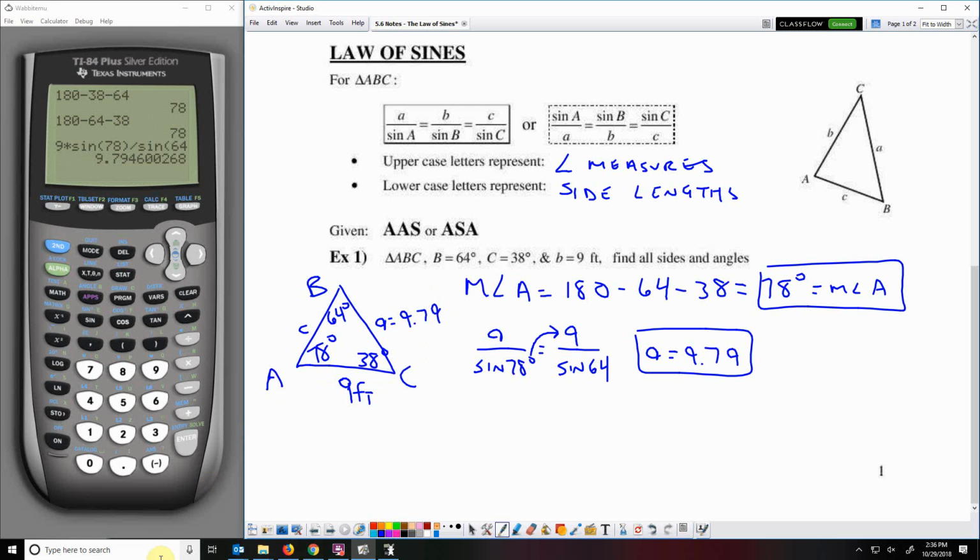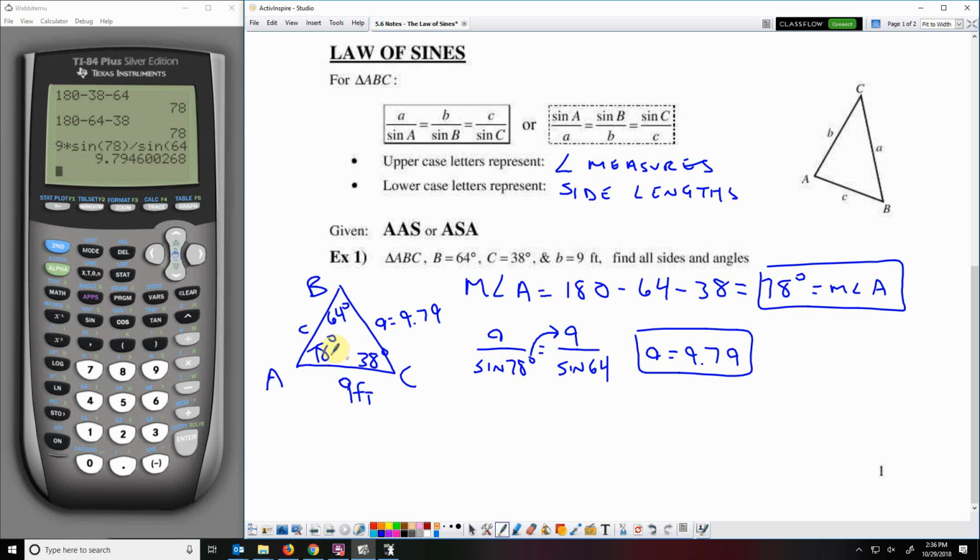Okay? Now, I could use this 9.79 over sine 78 in my calculation to find C, but since I had to round this number, we're going to get more accurate results if we don't use this rounded number in any future calculations. There will be times when we have to, but whenever we can avoid using a rounded number to do a further calculation, we're going to go ahead and avoid that.